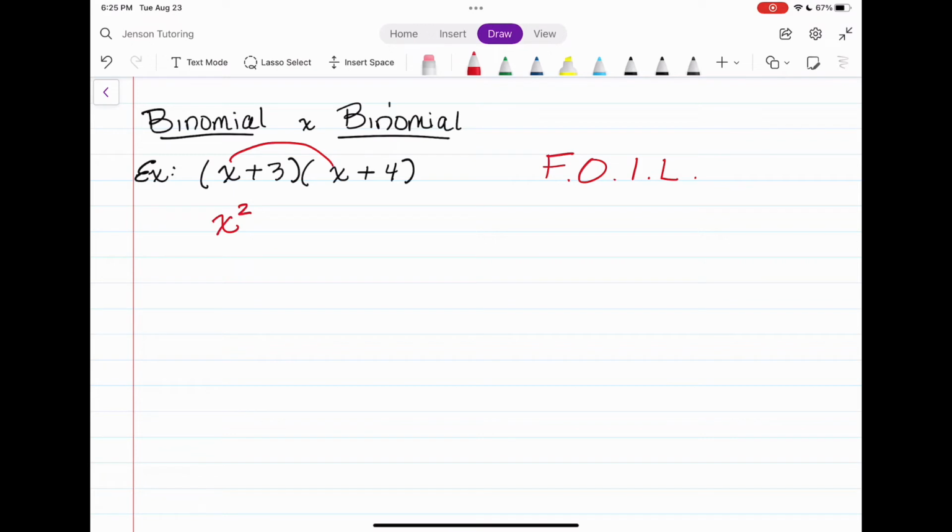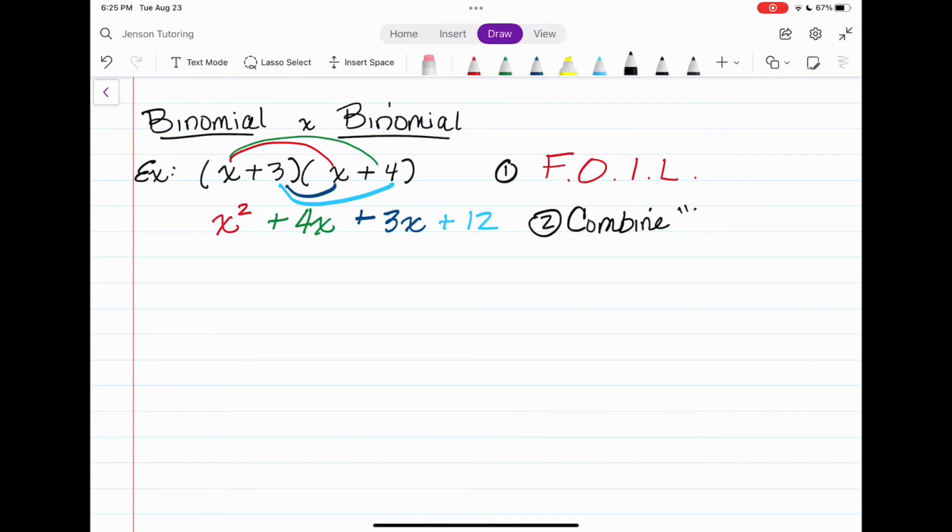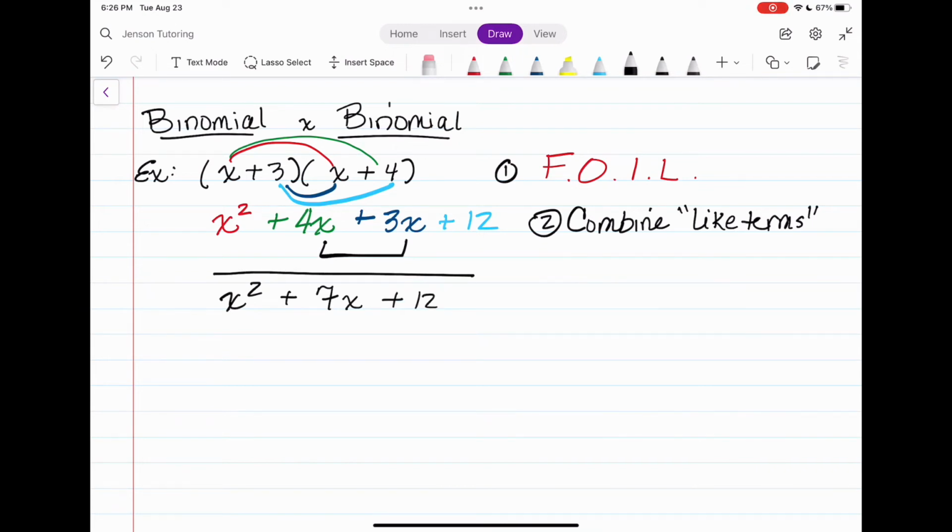FOIL stands for first, and then we multiply the outside, then the inside, and then the last. And of course we combine those two middle terms because they're both just x's. So we'll have 4x plus 3x, that will turn into 7x. So we get x squared plus 7x plus 12.